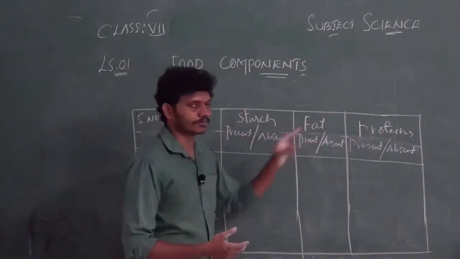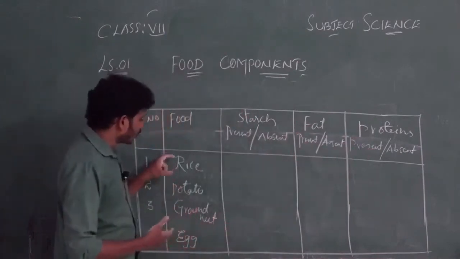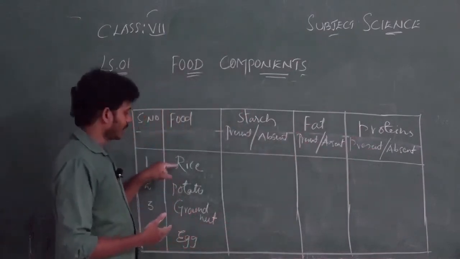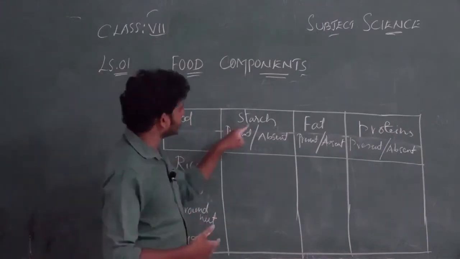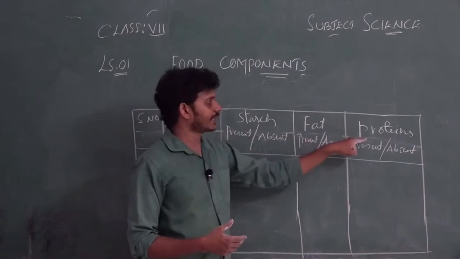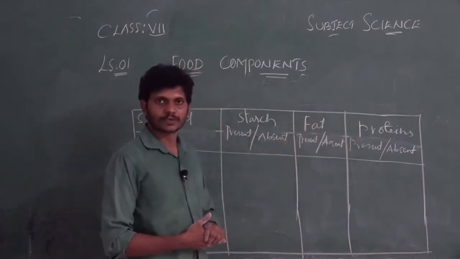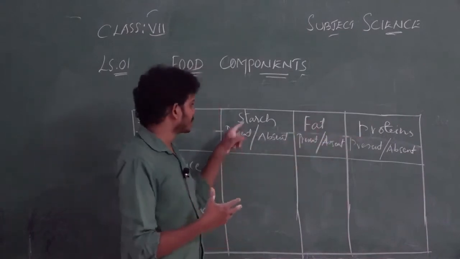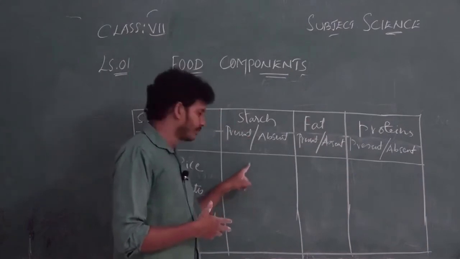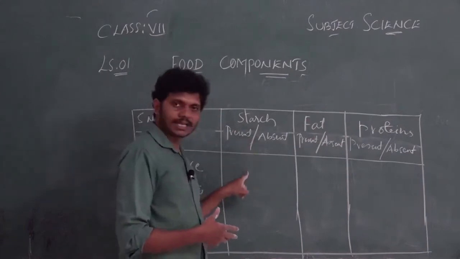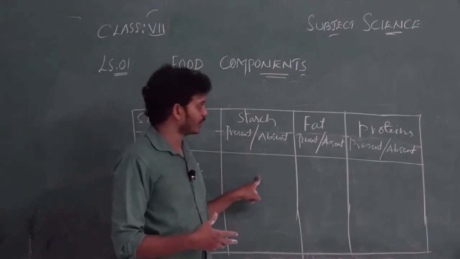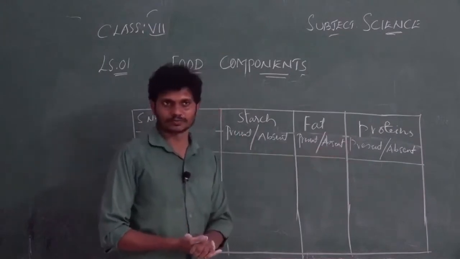List out the foods you have taken. Find out which contains starch, which contains fat, which contains proteins. For the food which contains starch, write present. If the food does not contain starch, write absent. Same for the remaining also.